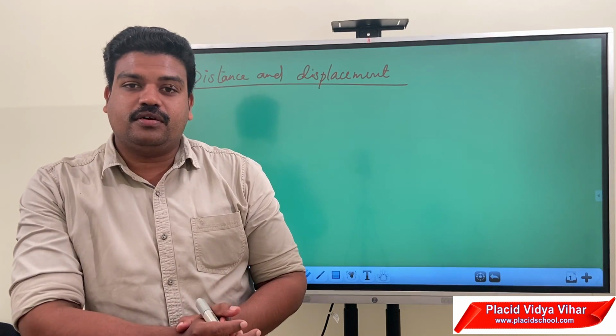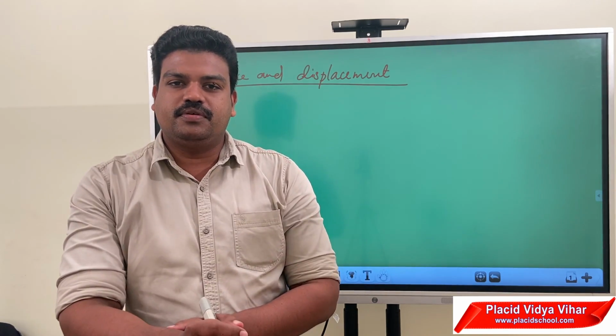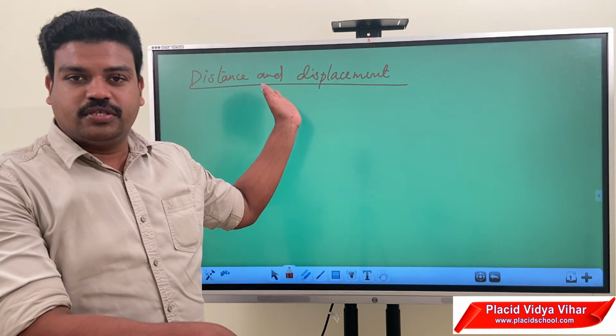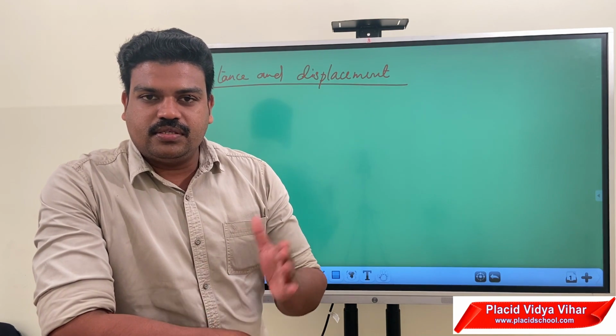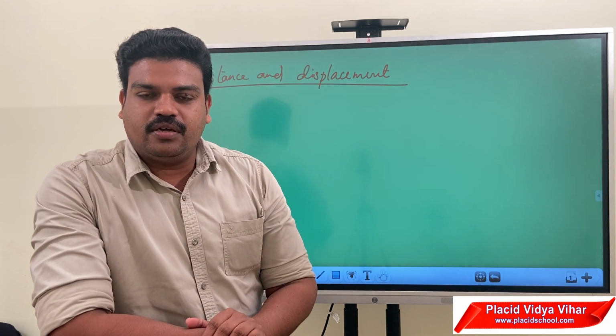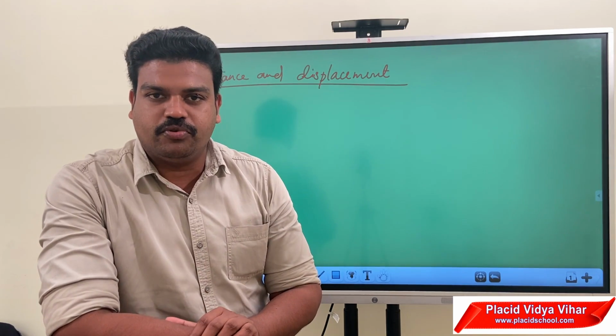Okay, after understanding the concept of rest and motion, we are going to discuss two very familiar terms, distance and displacement. Distance is the total length of the path covered by an object, and displacement is the shortest separation between 2 points.